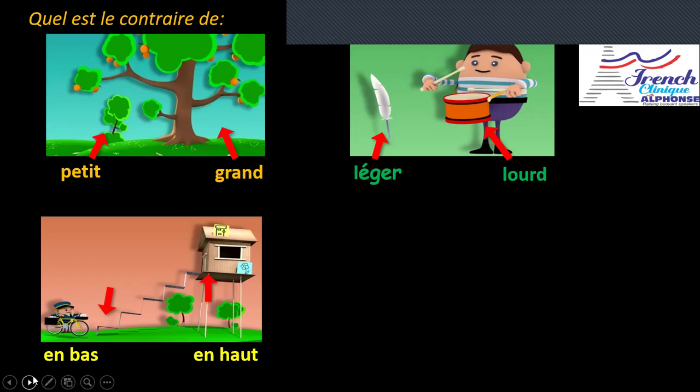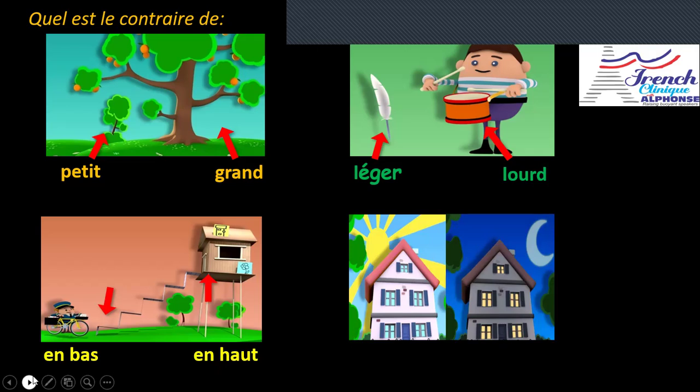One is en bas, that's down, and en haut, up, high. Okay, good. We have jour. You should know jour from the word bonjour. And the opposite is nuit. So you agree with me, right? Jour and nuit.